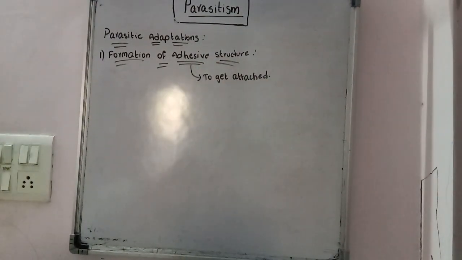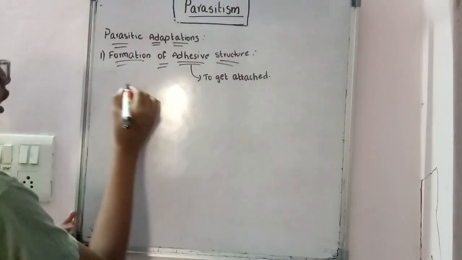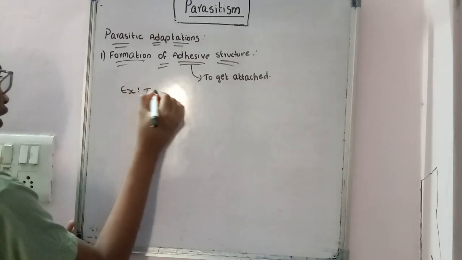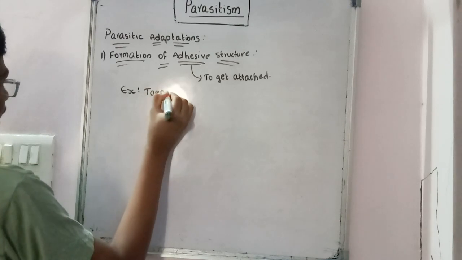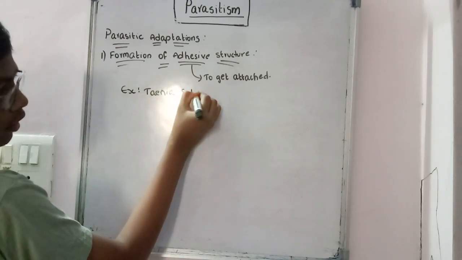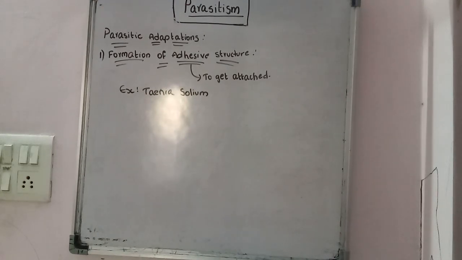And if you take an example, the example is Taenia solium, and this forms its adhesive structure to get attached to the wall of the intestine.